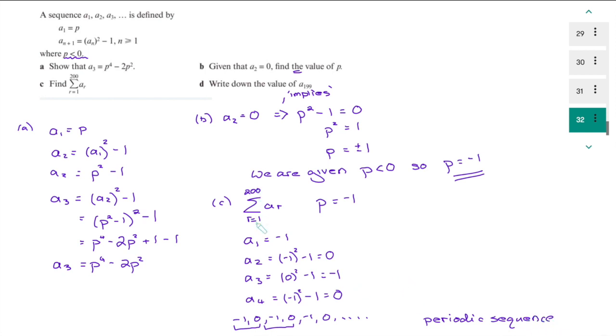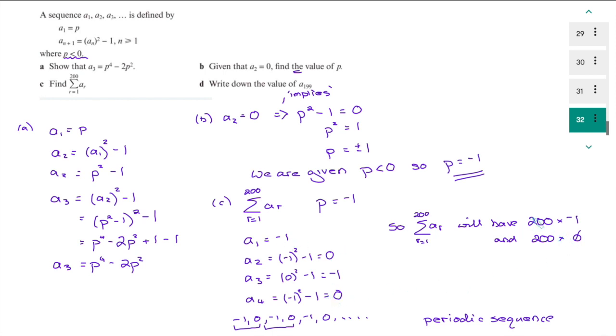Right. So let's think about this. We've got to add up the first 200 terms. If I think about this, in the first 200 terms of a r, I'm alternating, so I'm going to have 100 of each.